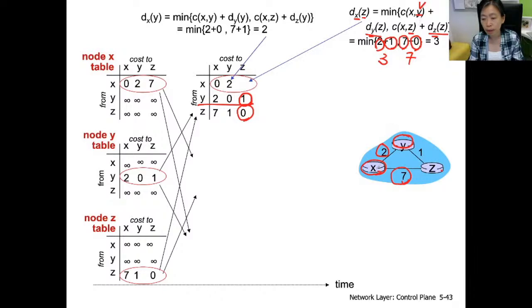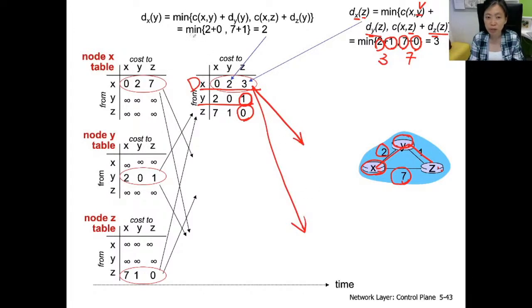To go from x to z, take this path. And we can add 3 back to the distance vector of x. And what do we do next? Now x has acquired the new distance vector. It's going to send it to all the neighbors.